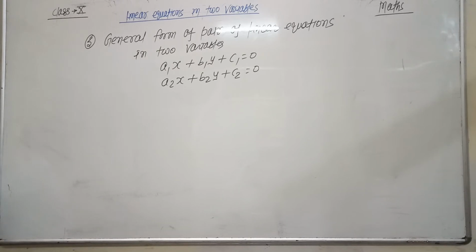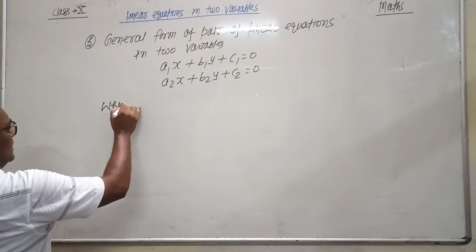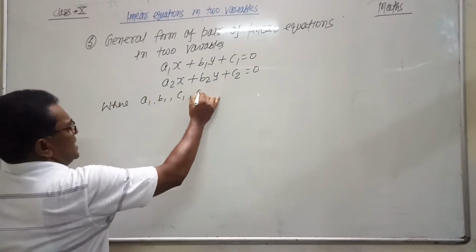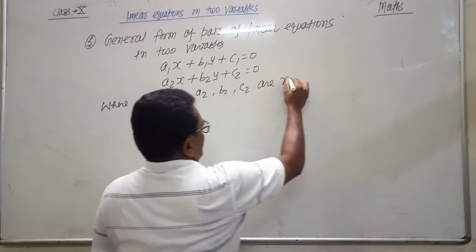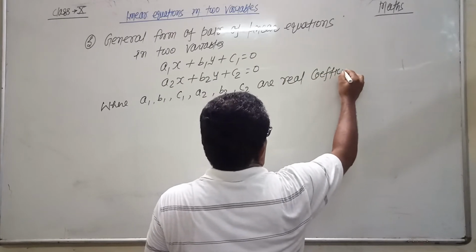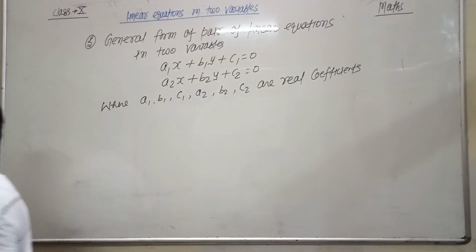This is the general form of linear equations in two variables, where a1, b1, c1, a2, b2, c2 are all real coefficients.